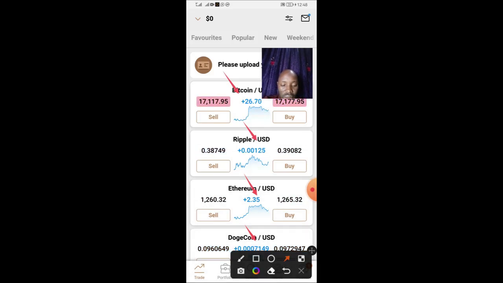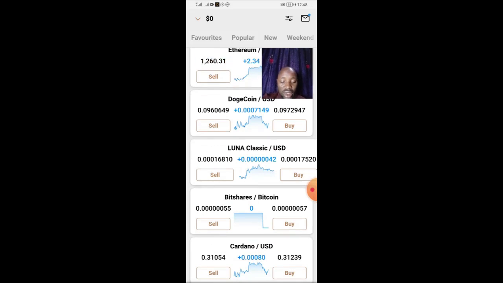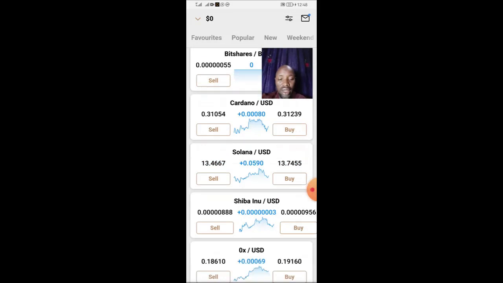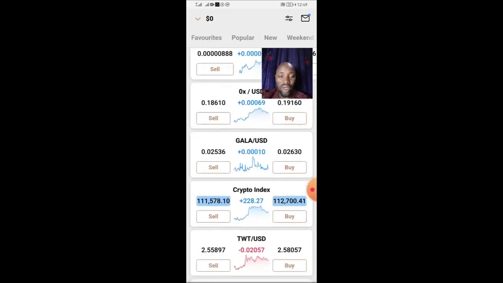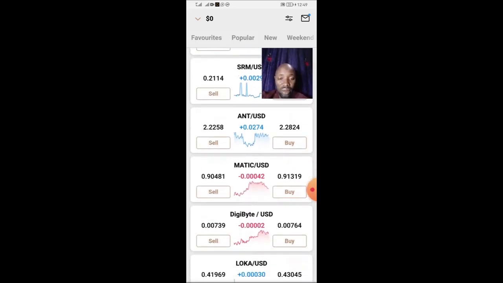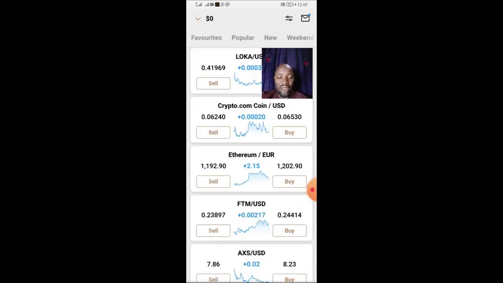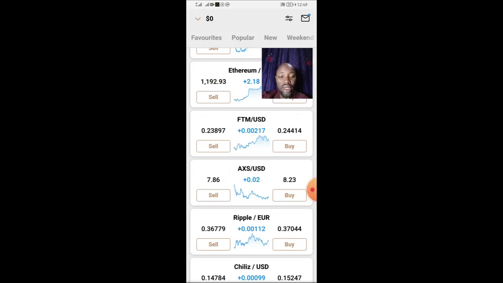So if we keep on scrolling up, we'll be seeing all the cryptocurrency slash USD or slash any other fiat currency. So that is to tell you that this place we are is the cryptocurrency section. That is the category where you can buy and sell cryptocurrency with other fiat currency. If I say fiat currency, I mean other local currency around.